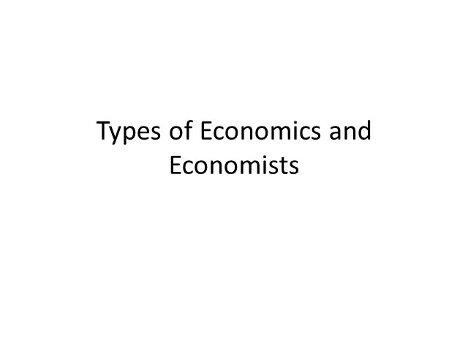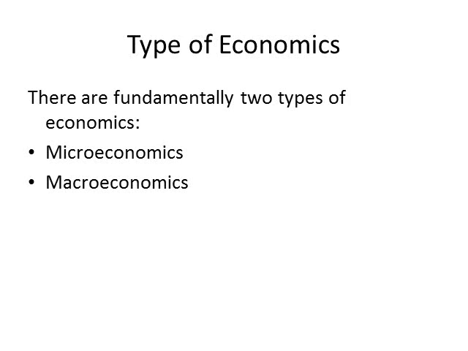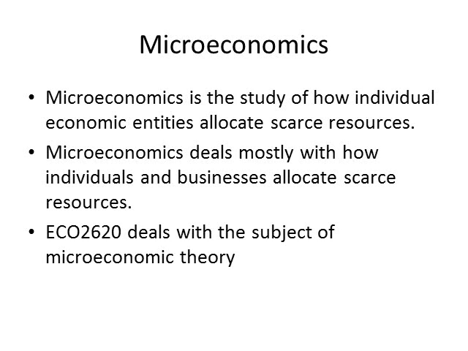Let's take a look at some various types of economics and economists. There are 2 basic types of economics, microeconomics and macroeconomics. Microeconomics is the study of how individual economic entities like individuals, firms, and industries allocate scarce resources.